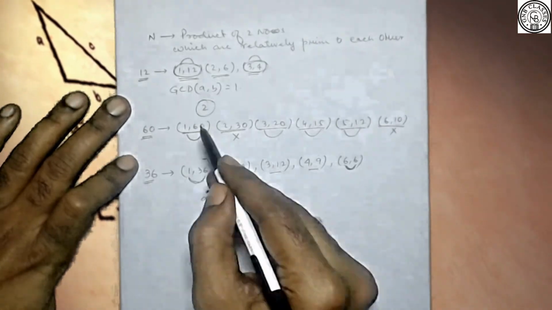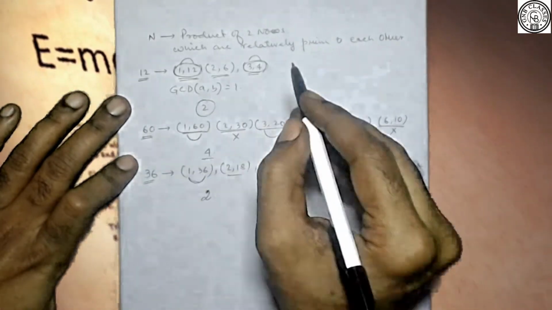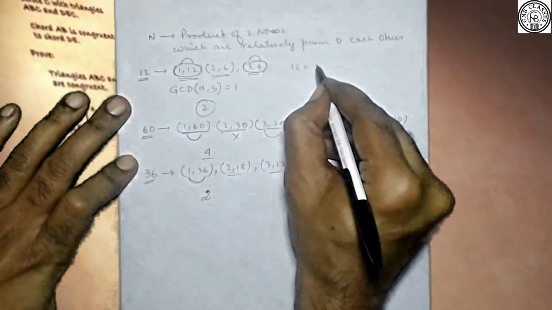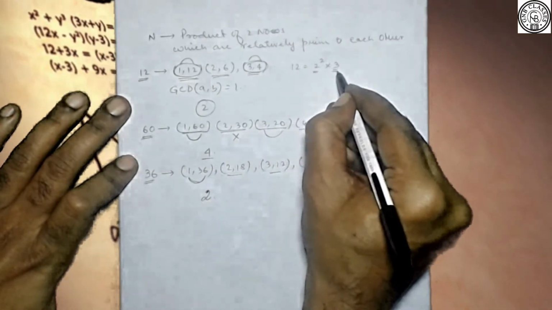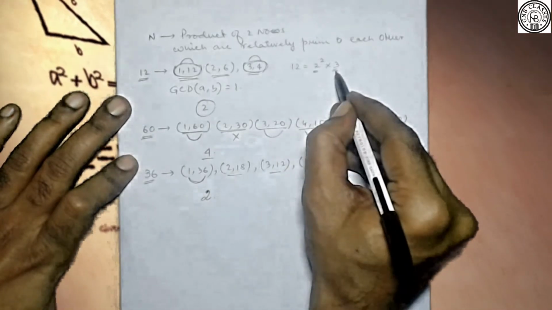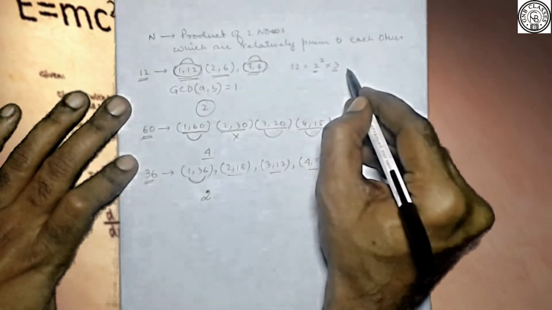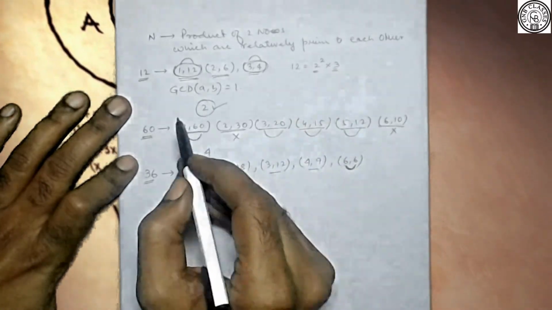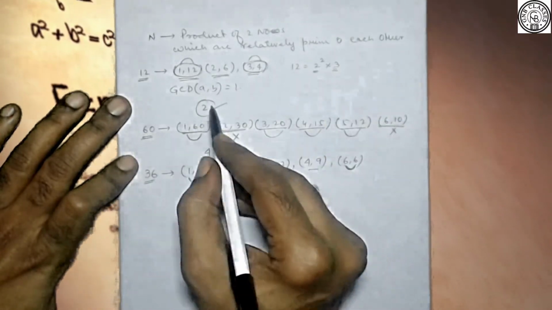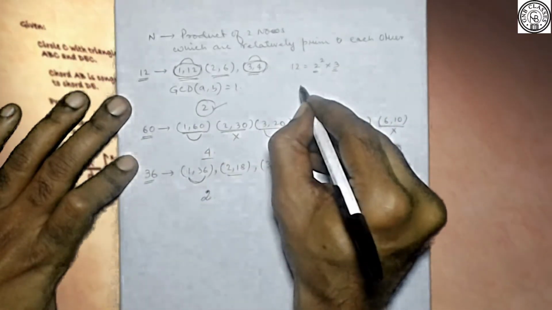Okay. So in this case, the total number of pairs which are co-prime to each other is 2. Now how are we getting this? If we observe, we will find that 12 is written as 2 square into 3. So how many distinct primes are there in the prime factorization of 12? There are 2. And the total number of ways in which 12 can be expressed as a product of two relatively prime numbers is 2.